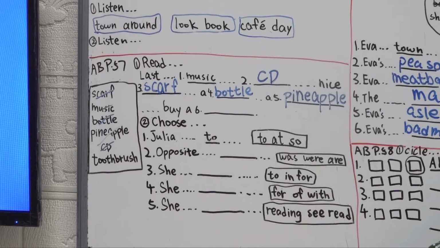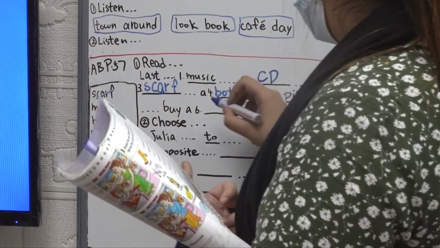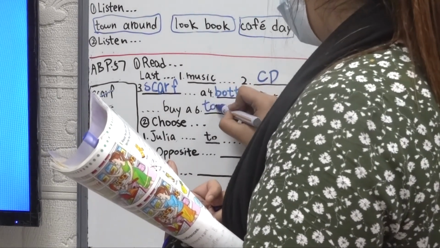Keep going. Before she went home, she also bought a book to read on the bus. On the bus, she looked in her bags. Oh no, she didn't buy a toothbrush. Yes.